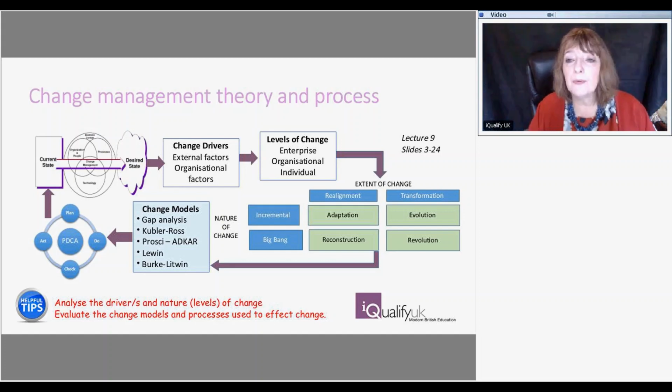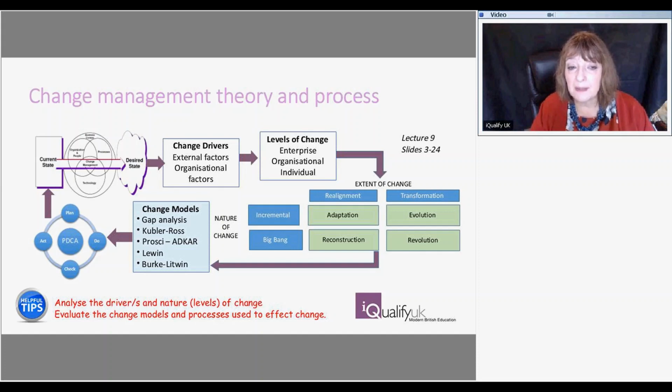So the point with change is that we have a current position, we have a future position, what we really like to do, and it's the configuration of the resources, technology, the person that enables us to move forward or not, as the case may be. So that's a very useful slide.